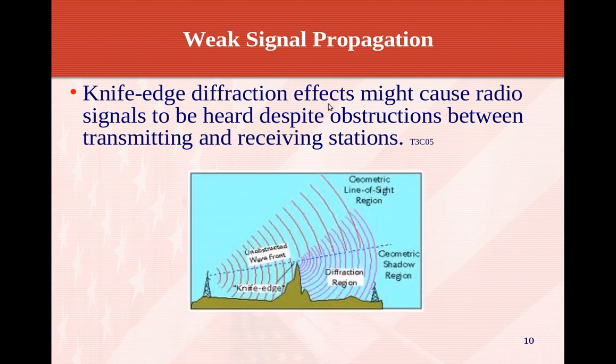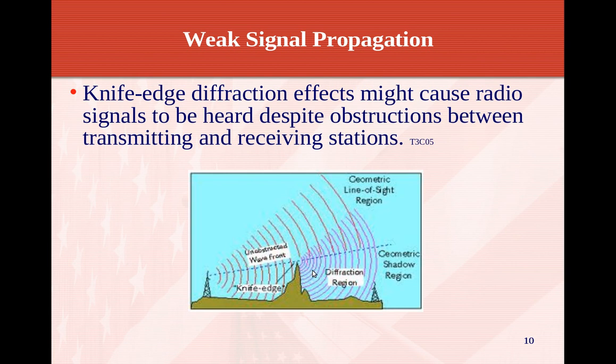Knife-edge diffraction effects might cause radio signals to be heard despite obstructions between transmitting and receiving stations. So if you have a mountain region, you can still get diffraction. You can think of the radio waves as a garden hose, and if you hit an edge, you can see the waves get diffracted, or the water would get diffracted off that edge.